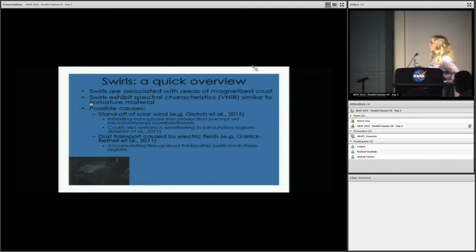And maybe it could even enhance weathering in surrounding regions, as has been shown by Kramer. An alternate explanation is dust transport caused by induced electric fields, which would mean that there would be an accumulation of especially fine-grained, especially feldspathic particles in those visibly bright swirl regions.